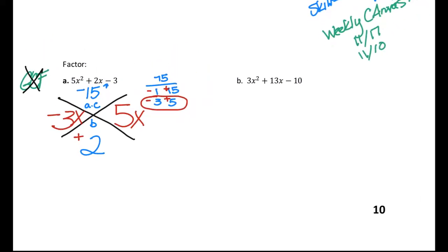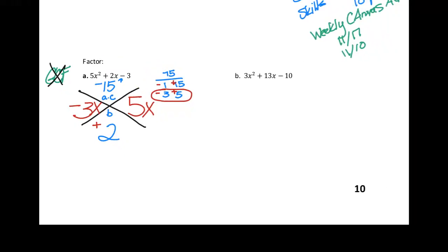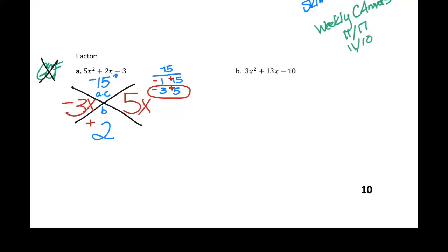This is A at the bottom of page 10 of your notes. This is in the notes. All right, so I need to rewrite this as a 4-term figure. That means you keep the 5x squared, you change 2x to negative 3x and 5x.